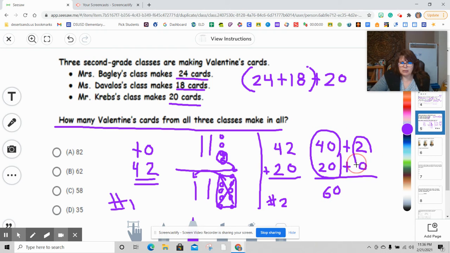And then I add my ones, and 2 plus 0 is 2. So the answer is 62. And because this is the second step, because I only had 2 steps, I know that I'm done. So I look at my answers, and I know that B is the correct answer.